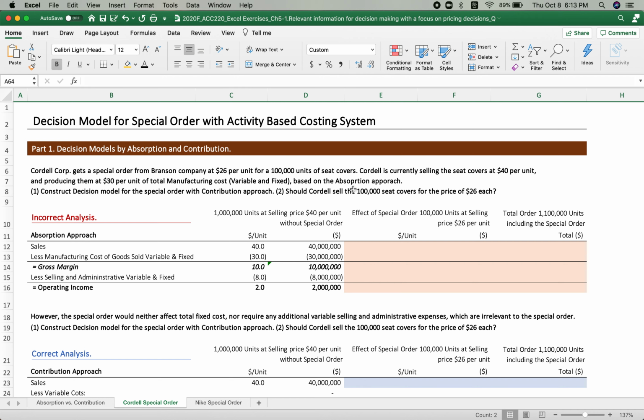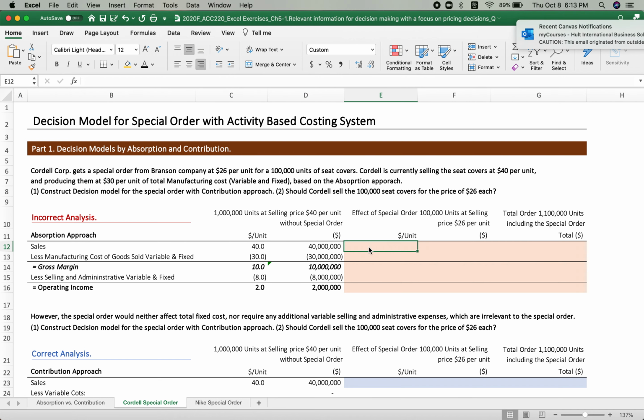It's so clear, too obvious, because $26 is lower than the $30, the manufacturing cost of goods sold, including fixed and variable, everything. So we can create this income statement here. The existing sales are 1 million units at a selling price of $40.